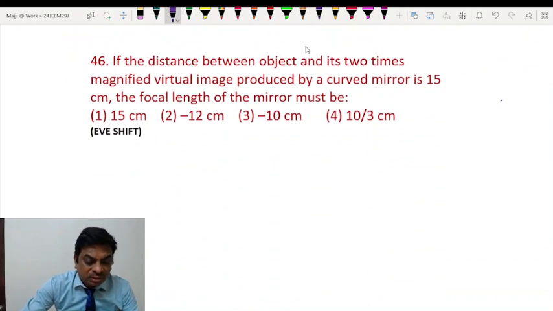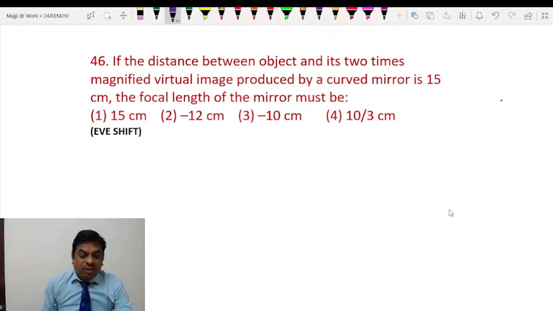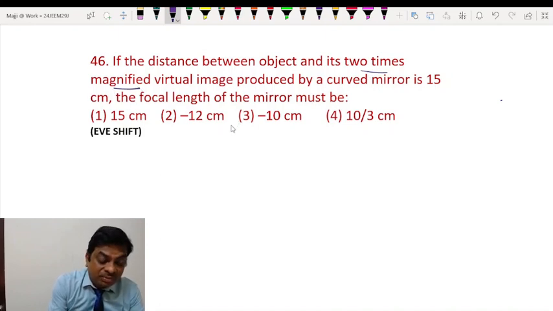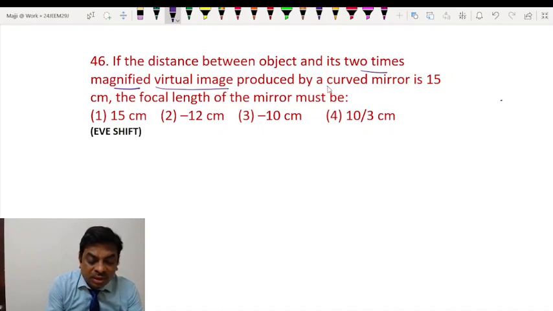Moving on to the next question. If the distance between the object and its 2 times magnified virtual image produced by a curved mirror is this, what is the focal length of the mirror? Now, students, it is given that it is 2 times magnified. That means the size of the image is bigger than that of the object, and at the same time it is virtual.